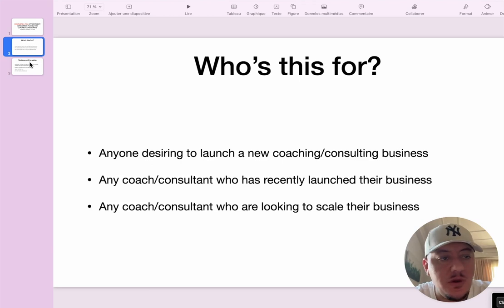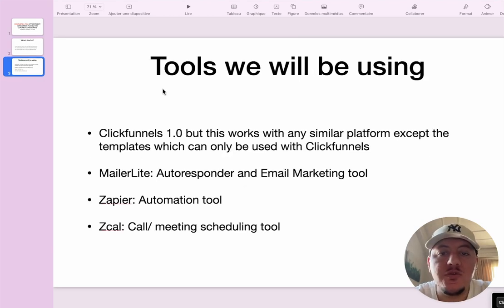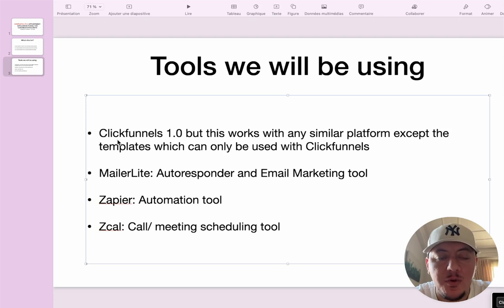All right. So the tools that we will be using, we'll be using mainly ClickFunnels 1.0. There is ClickFunnels 2.0, but I recommend ClickFunnels 1.0 for this one because it is enough, right? Certainly, the newer version has advanced features and things that are not available here, but we're not gonna use them.